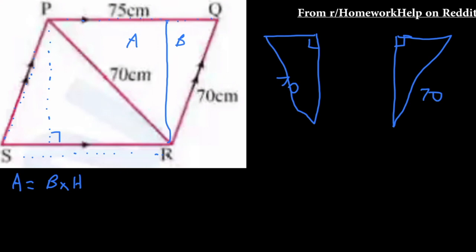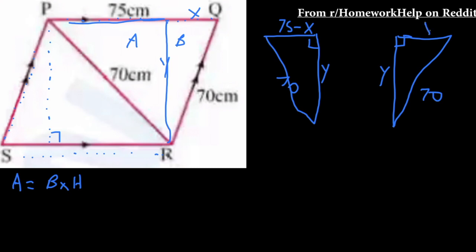So this length over here for triangle A, let's call this part X, is going to be 75 minus X. This height that we'll eventually need, we'll call this part Y. So this part's Y for A. It's also Y for B as well. And then X is over here.